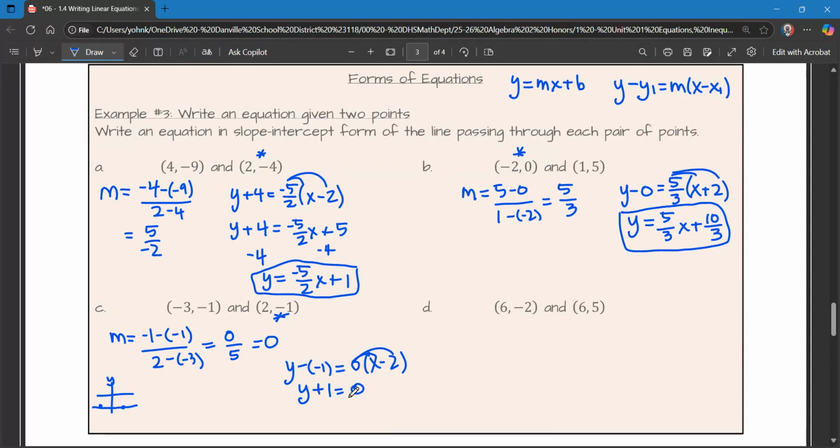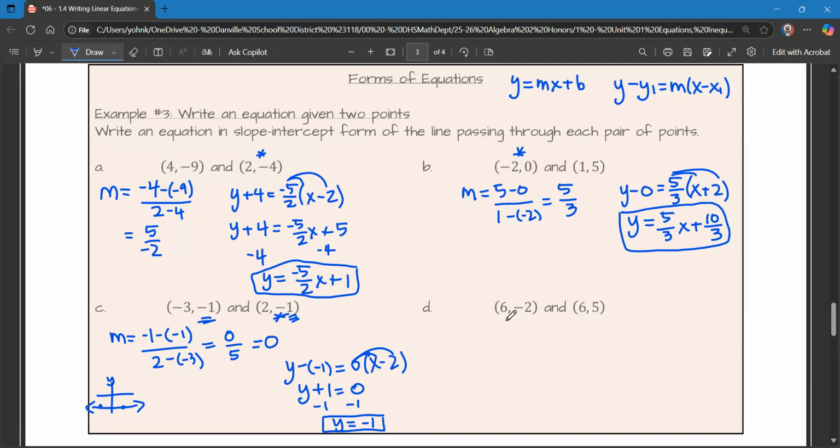So 0x and 0. And then bring the 1 over, y equals -1. Now kids, notice over here on the picture, this horizontal line that we drew is going side to side through the y-axis at -1. And guess what? The equation is y equals -1. And guess what? Both of the y values were -1. Ooh.